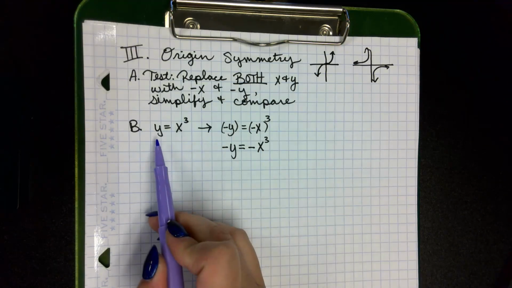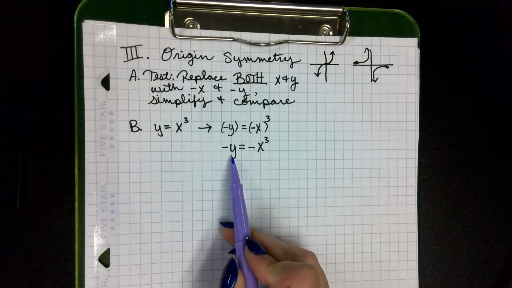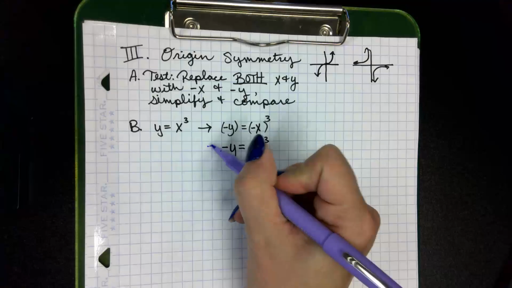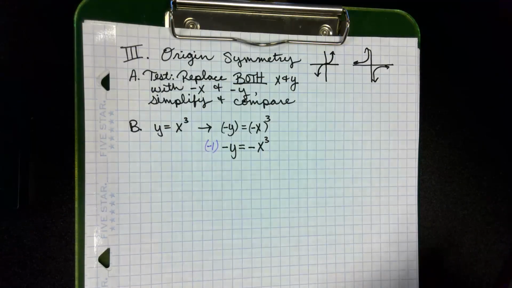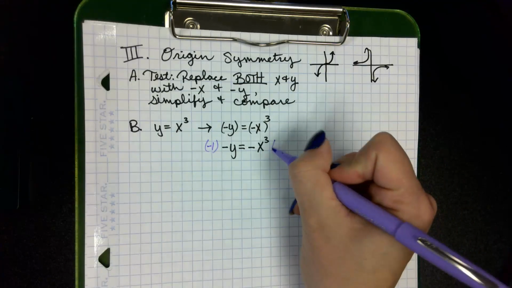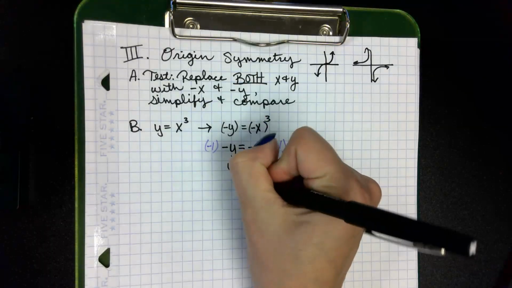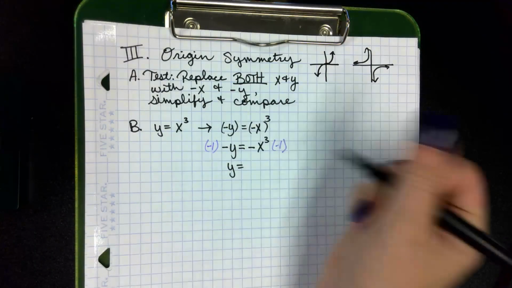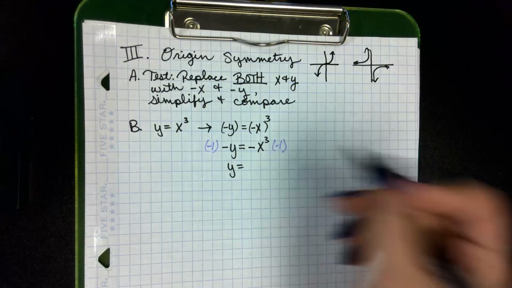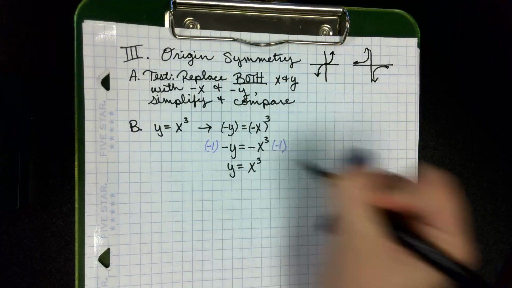We started with a positive y, so we want this to be a positive y. So I'm going to multiply it by negative 1 on the left. If I do it on one side of an equation, I must do it on the other side. So now on the right, I have a positive y, and that equals negative times negative, makes this a positive x to the third.